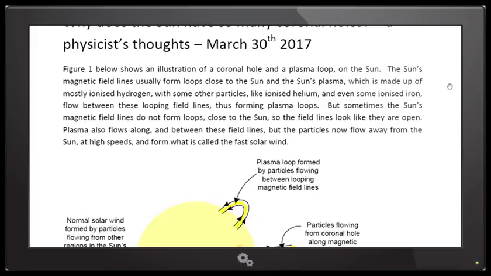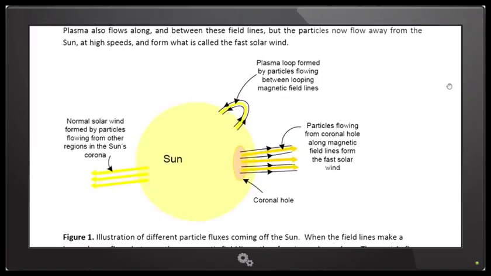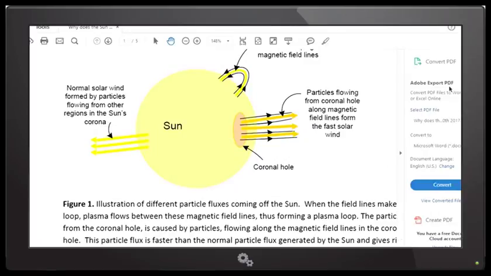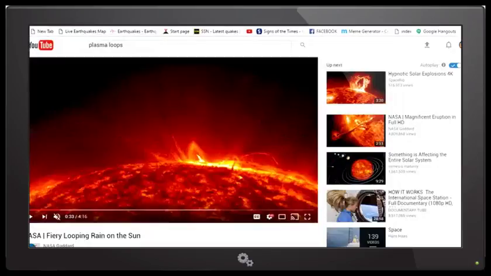Now, ladies and gentlemen, if you've never seen these plasma loops on the sun, they are absolutely spectacular. What I'm going to do real quick is show you what these plasma loops look like. This is just some NASA footage from the SDO. I'm going to go ahead and play this for you so you can see some of the activity on the sun.